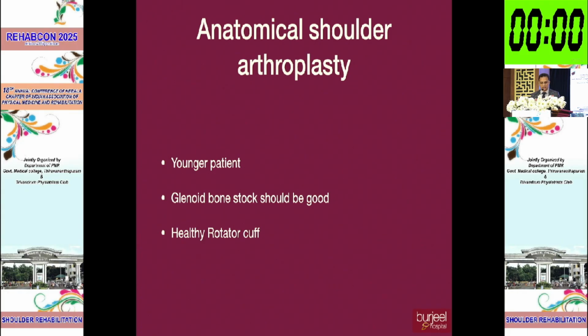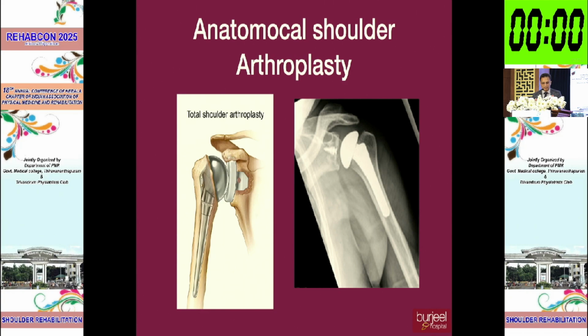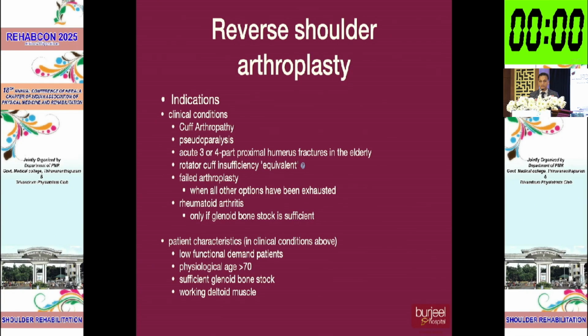Then comes this wonderful thing, the reverse shoulder arthroplasty. Its indication is getting wider. Cuff arthropathy that is not functional, or pseudoparalysis, acute fractures like 3 or 4 part fractures when all other options are exhausted, and rheumatoid arthritis, with low functional demand, physiological age more than 70, sufficient glenoid bone stock, and a working deltoid muscle.